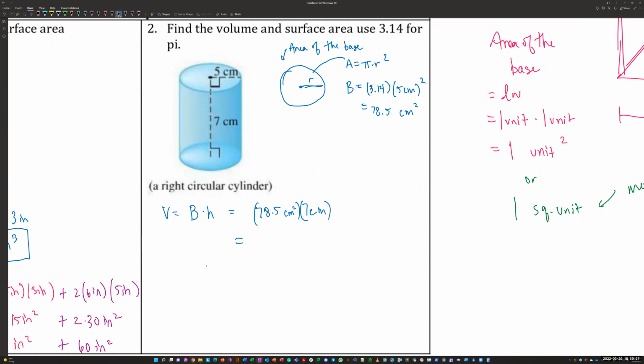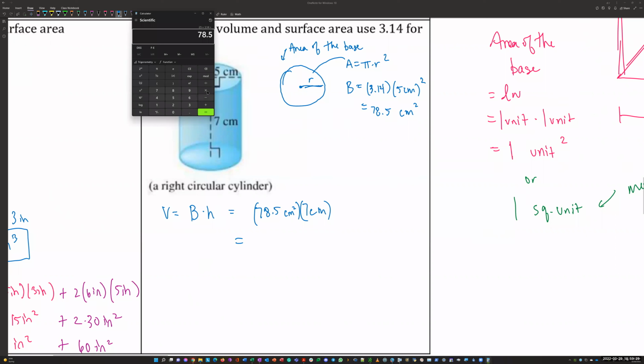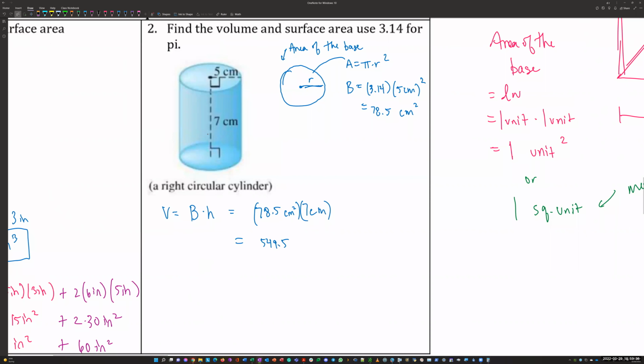So now we just multiply these guys. And then we have 549.5. What should the units be? Cubic units. We know what type of units, not just units in this case, because they told us centimeters.